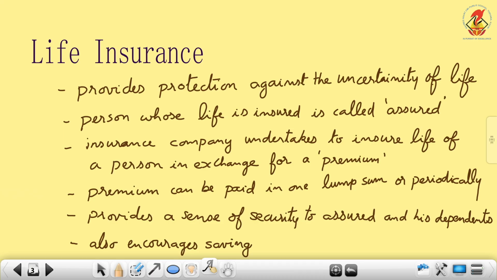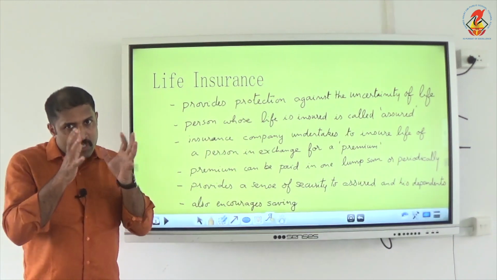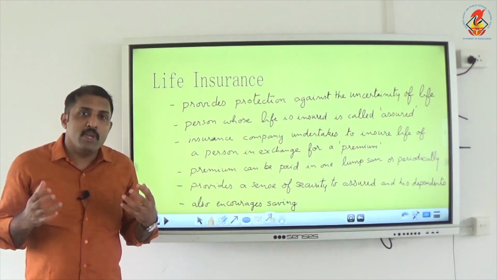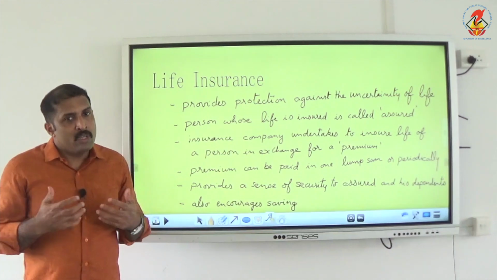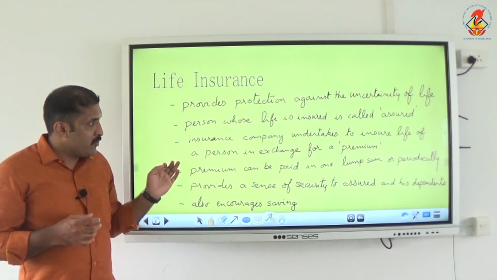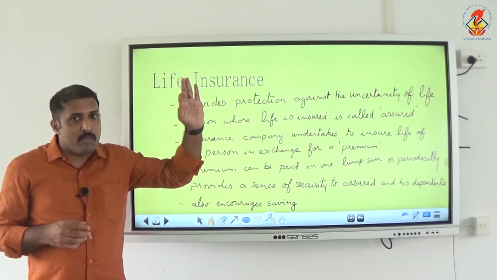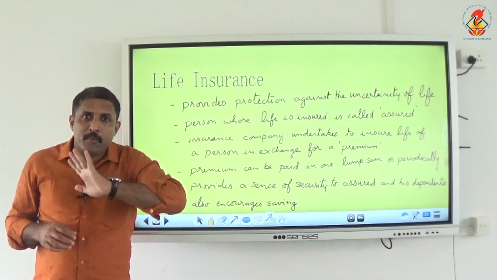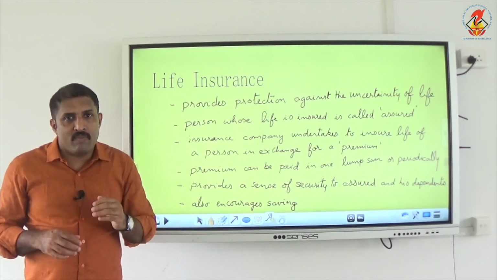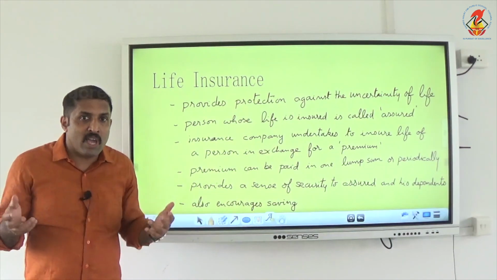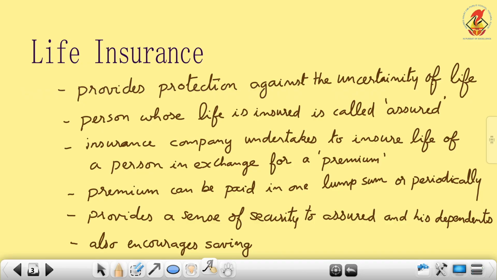That is in return for a premium, and this premium can be paid in lump sum or periodically. It is paid in a single stretch, a big amount, or it can be paid periodically, monthly or quarterly or half yearly, whatever be. So for that premium received, insurance company is saying that we will protect something happening to your life. It can be death, accident, illness, anything happening to life, and it provides a security to the assured and his dependents.